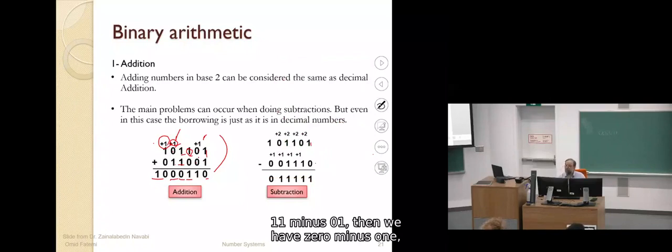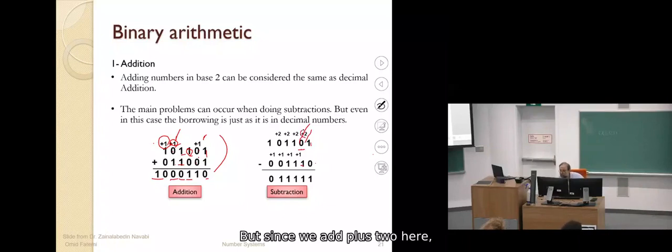1 minus 0 is 1. Then we have 0 minus 1, which we cannot do. So we have to borrow 1 for that. We give it plus 2. So this 0 becomes 10, which is 2 in decimal. So 10 minus 1 is 1.